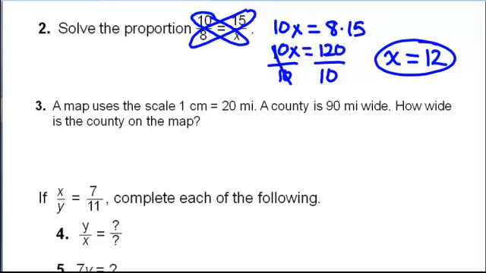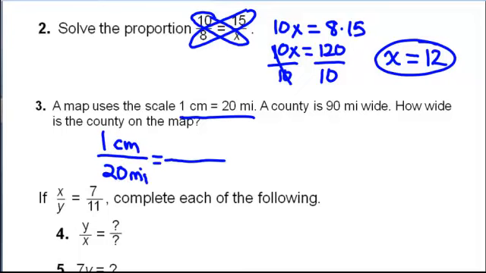A map uses a scale. It's another scale problem. I start off by writing this as a fraction. 1 centimeter is to 20 miles. The same way, I have to set up a proportion and match my labels, match my units. What am I given? 90 miles. Miles goes on the bottom, so I'm going to put 90 miles on the bottom. I want to know how many centimeters this is.